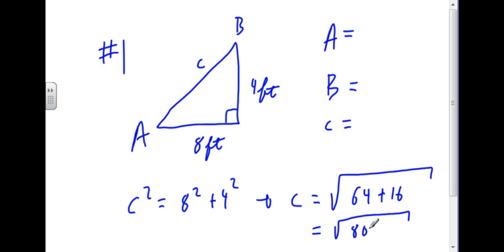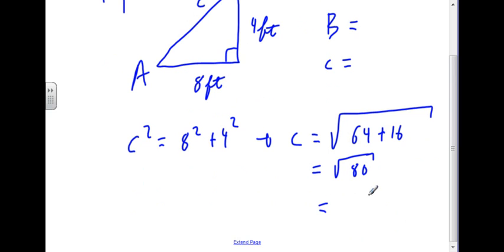Square root of 80? Okay, so we have 80 over here. We have 2 times 40, 2 times 20, 2 times 10, 2 times 5. So that'd be 4 times the square root of 5.